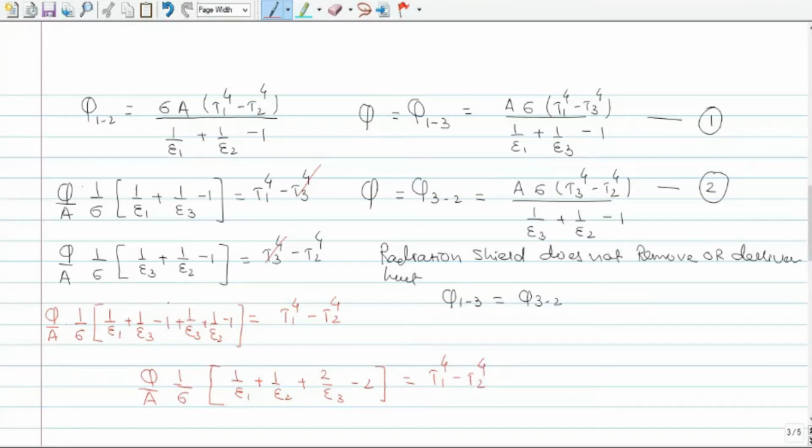Or you can write over here the two terms which are in addition, so you can write a bracket over here and it becomes a bigger bracket. You can write it in that form also. And then again we make Q the subject from that expression. So our answer becomes Q equals area into sigma into T1 to the power 4 minus T2 to the power 4 divided by, either you can write as, 1 upon E1 plus 1 upon E3 minus 1 plus 1 upon E2 plus 1 upon E3 minus 1.